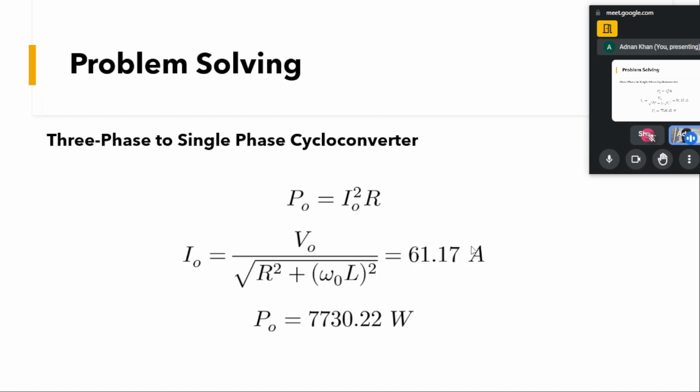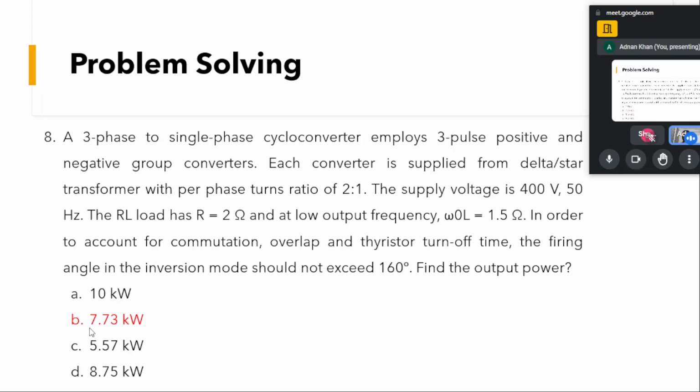When we know I, the active power to the resistor will be equal to I square R. So when we square this and multiply by 2, the resistive part only, we get the power equal to 7730.22 watts. That means 7.73 kilowatt, so option B is the correct option.